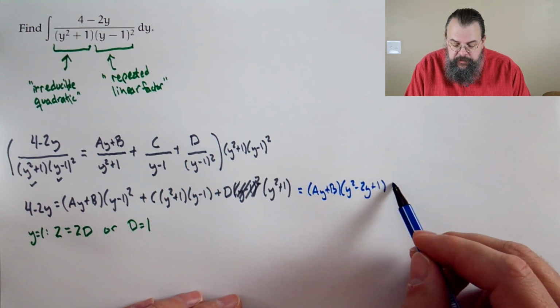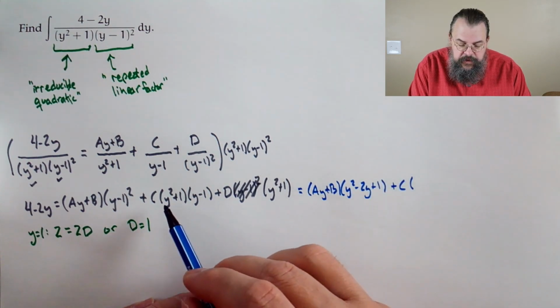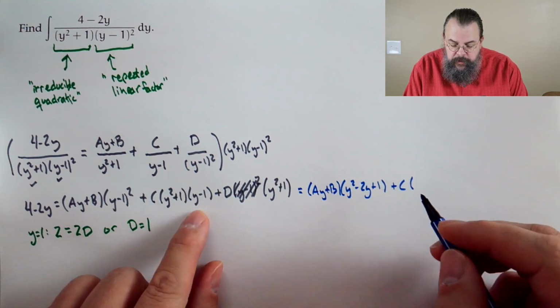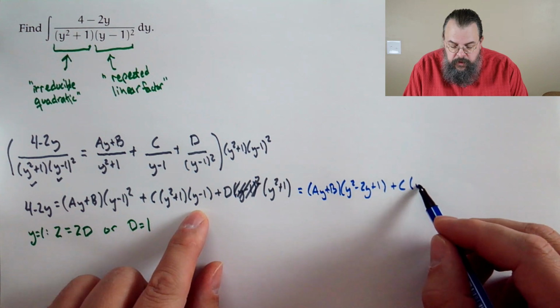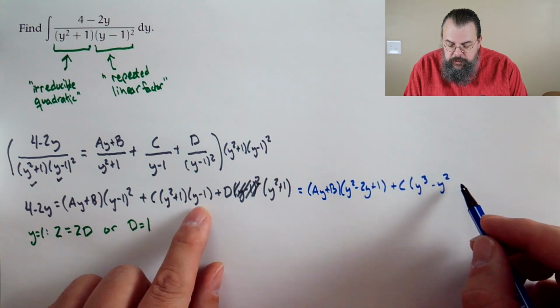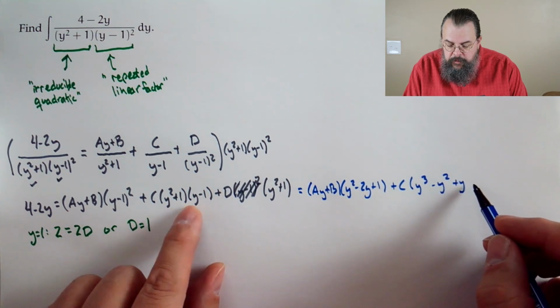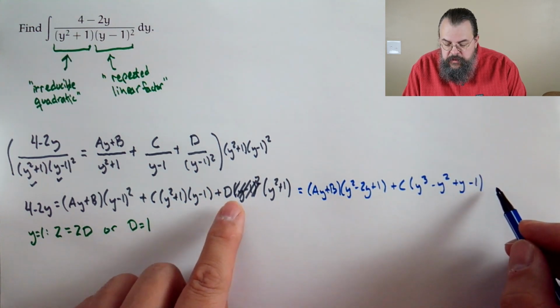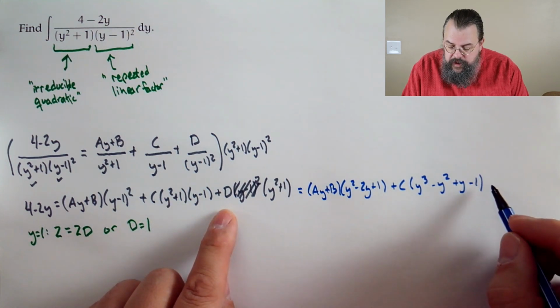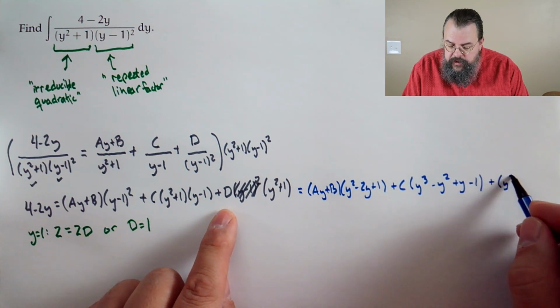And here we're going to have plus C. And then if you multiply that out, y squared times y is y cubed, minus y squared, plus y minus 1, plus, well, we know what D is. D is 1. So plus y squared plus 1.